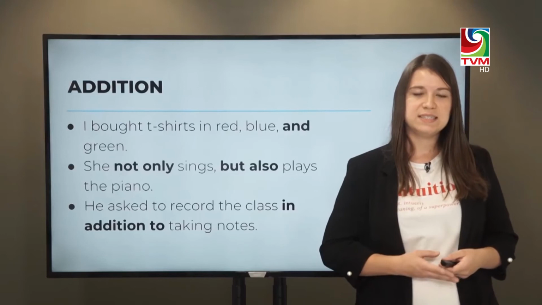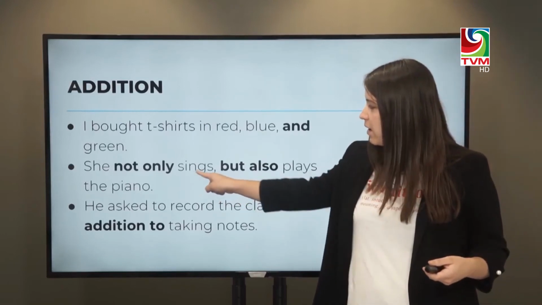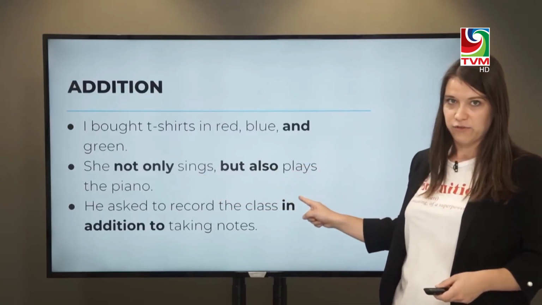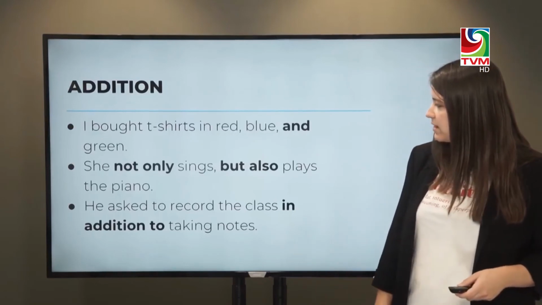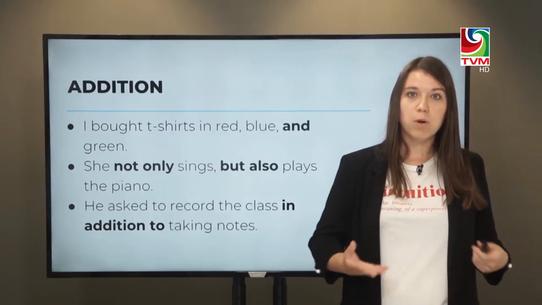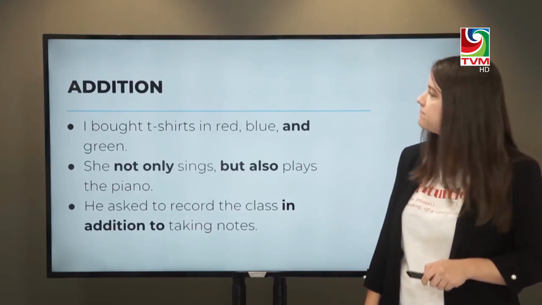So with this sentence connector, it's divided in two. You start with not only, followed by the verb, and then but also, followed by another verb. Okay, let's look at the last example. He asked to record the class in addition to taking notes. So here we have multiple things, multiple verbs, so we use connectors of addition.